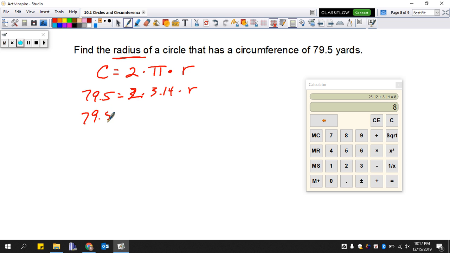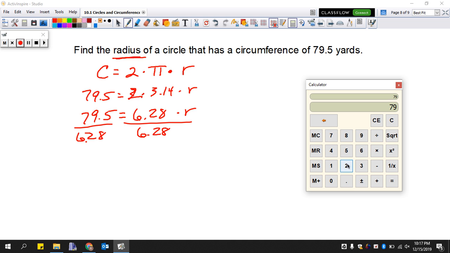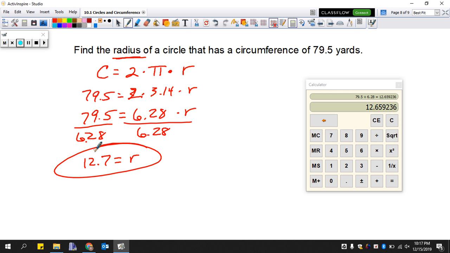If we combine these, 2 times 3.14 is 6.28 times the radius. Divide by 6.28: 79.5 divided by 6.28, and we end up with a radius of roughly 12.7.